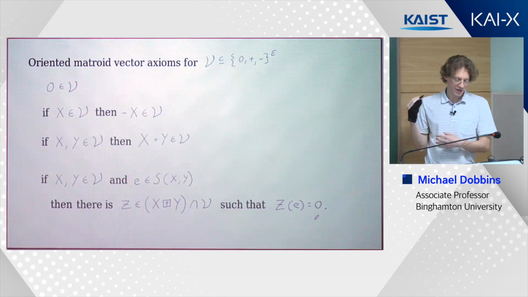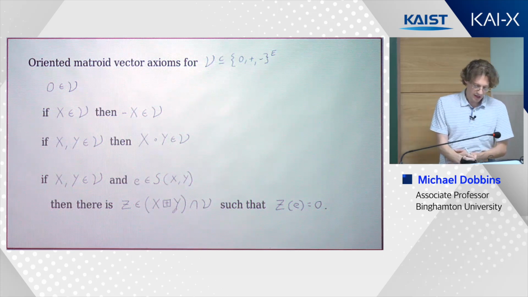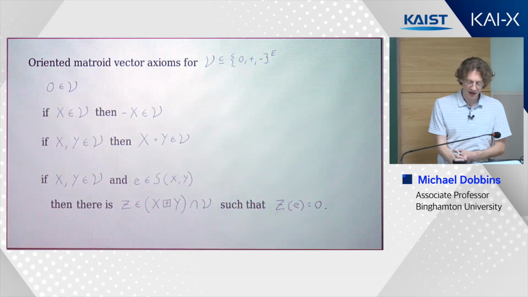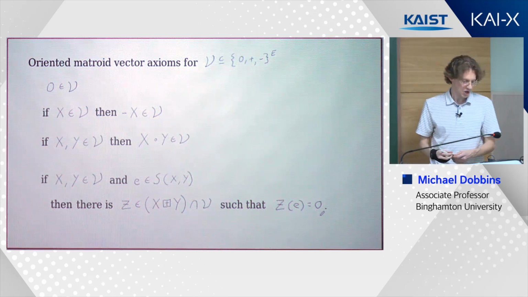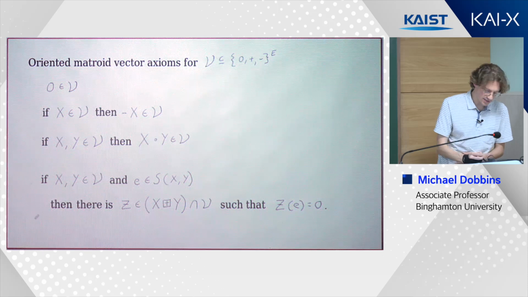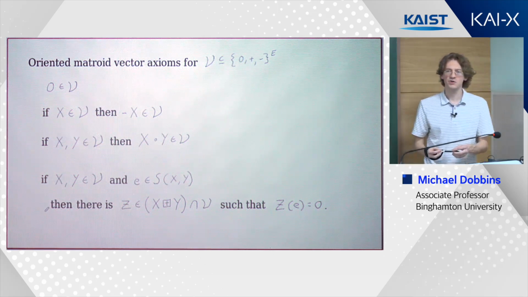And you don't know necessarily what all the signs are going to be, but they have to, in some sense, agree with what you could get as a combination of the two by adding vectors with those signs, and then be 0 on whatever coordinate it was where they were different. So anything that satisfies these four axioms is the vector set of some oriented matroid and is also the covector set of some oriented matroid.